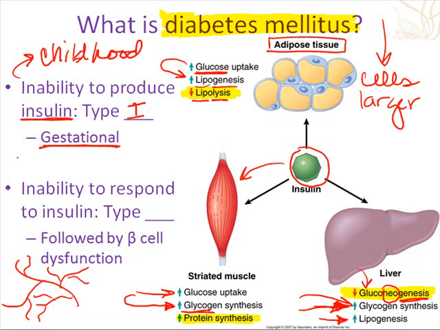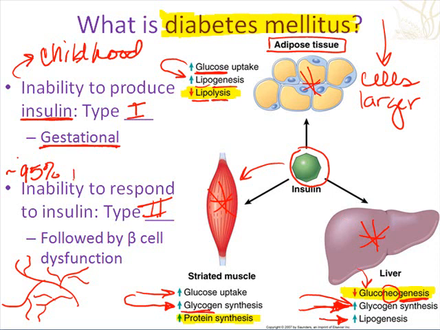The second type of diabetes accounts for roughly 95% of all cases of diabetes mellitus, and that's type 2. Type 2 diabetes mellitus occurs if the target cells, these guys here and here, that are supposed to be responding to insulin, do not do so appropriately. So by definition, type 2 diabetes is basically an inability of target organs and target cells to respond appropriately to insulin.